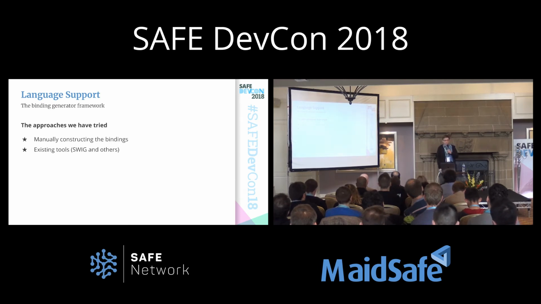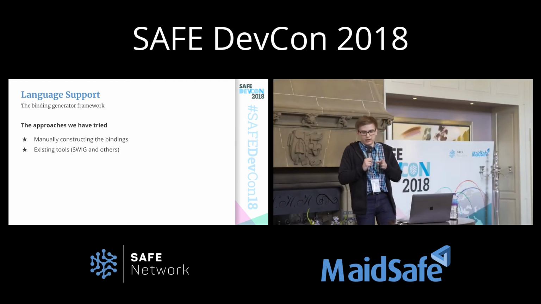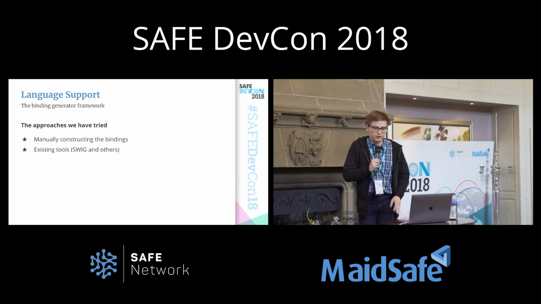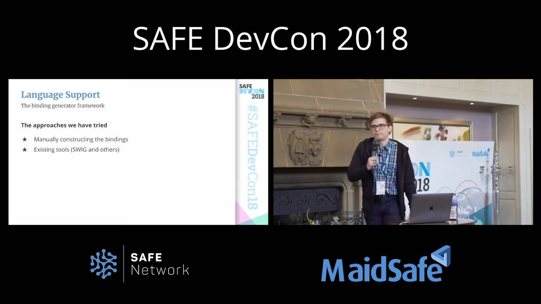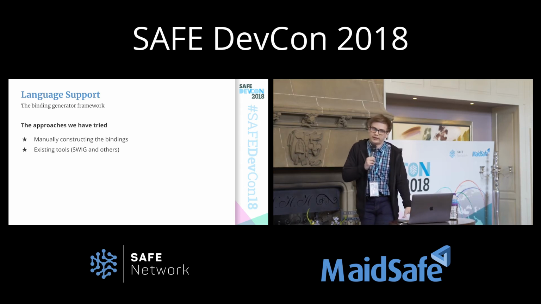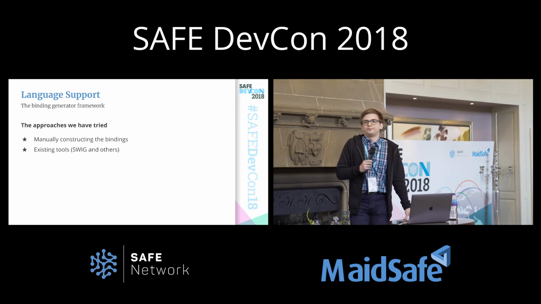Another problem with Swig was that the code that it produced was not something that we wanted, because it uses a concept that is called directors, and the code that it generates doesn't feel very native. So, for example, if you generate code for Java, the end users of that Java API will have an API that is not very idiomatic for Java.